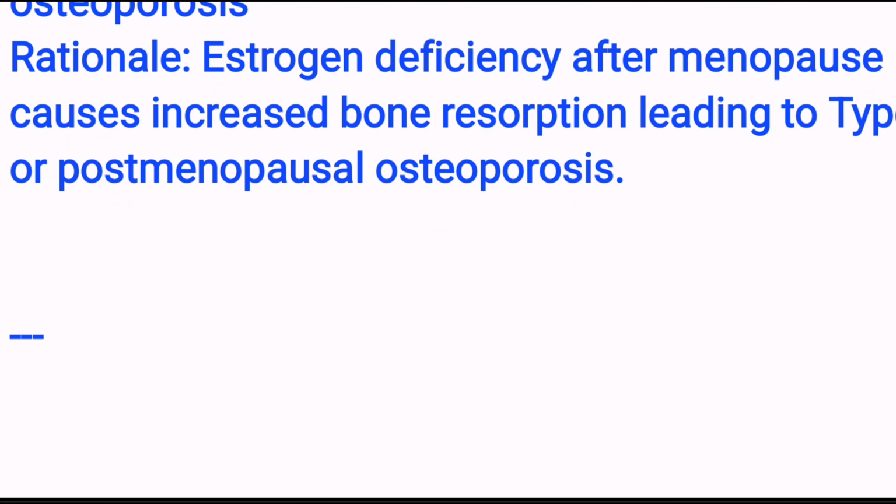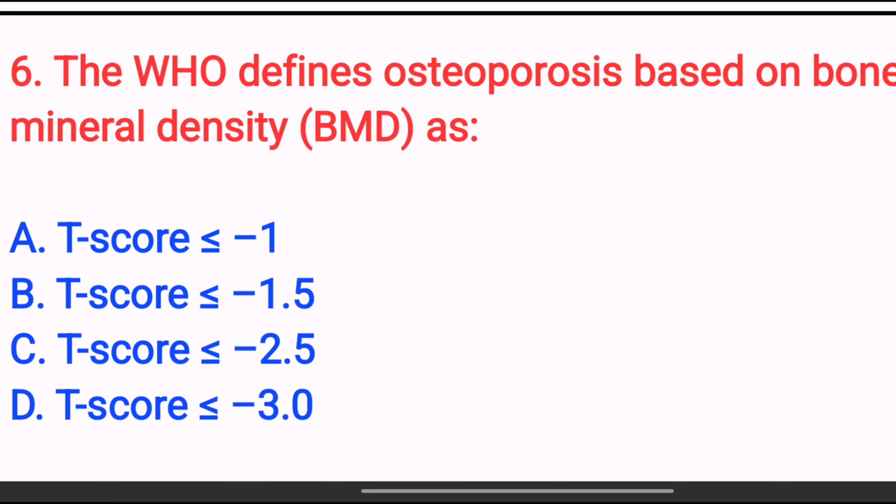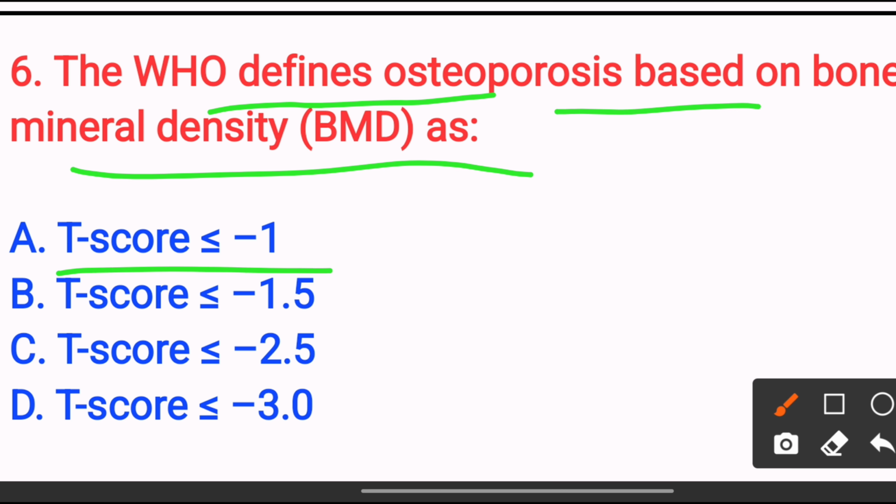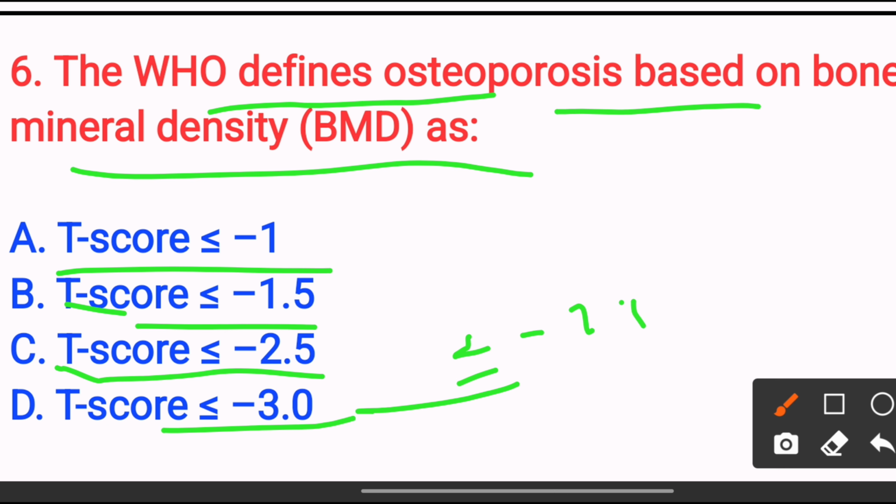Next, the WHO defines osteoporosis based on bone mineral density as: option A, T-score less than minus 1; option B, T-score less than minus 1.5; option C, T-score less than minus 2.5; option D, T-score less than minus 3.5.